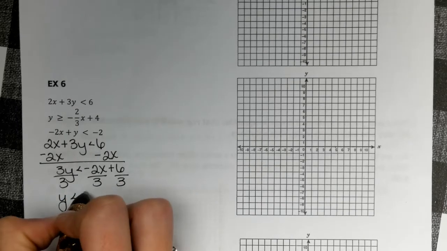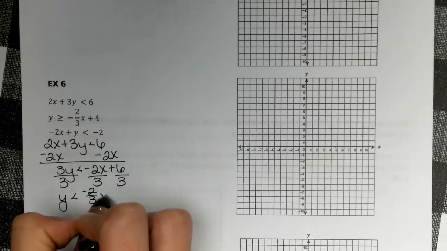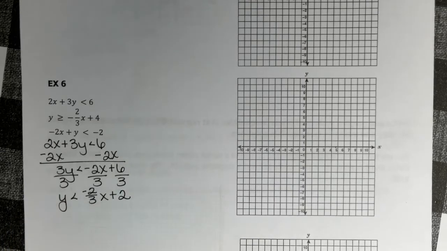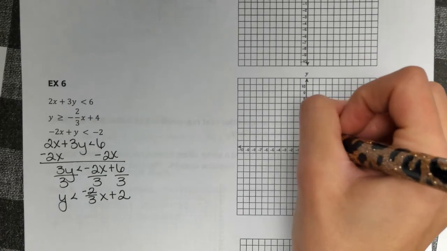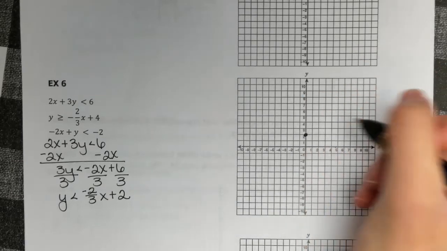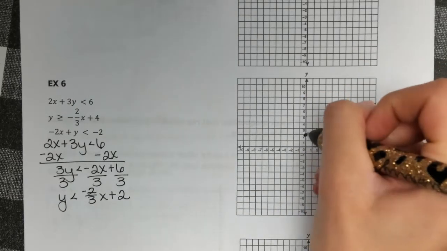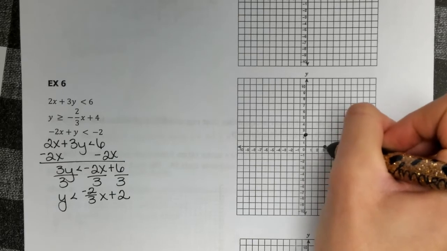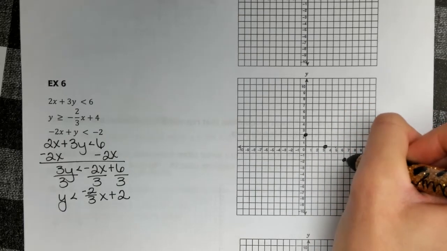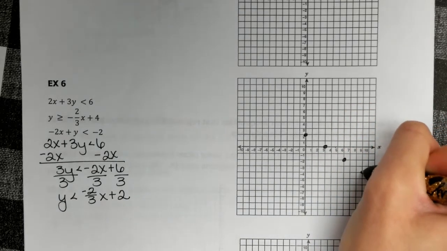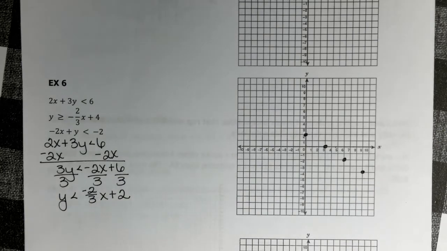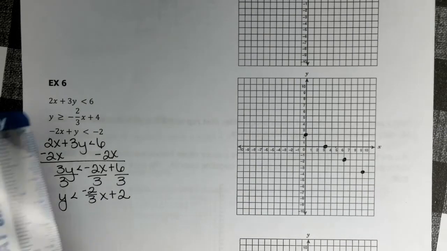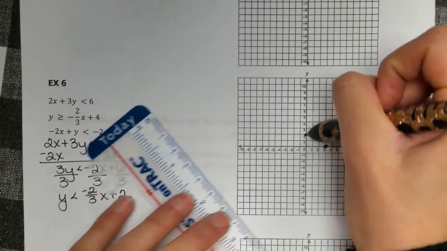And y is less than -2/3 x plus 2. So I'm going to plot a point on 2. And I'm going to go down 2, to the right 3. And that will be a dashed line.